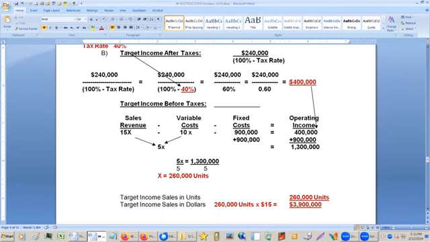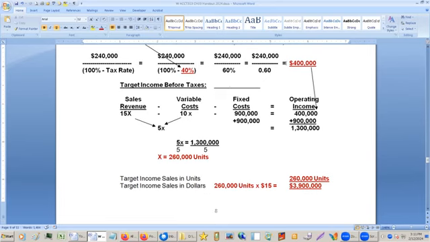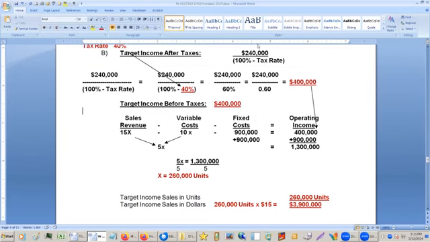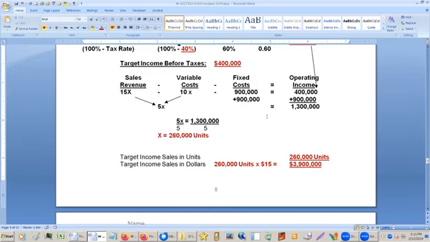So we need to make $400,000 so that when the government takes away 40% of it, we'll be left with 240,000. So our before tax income is going to be the 400,000. And this is what we're going to plug into our equation. We got to make 400,000 so that we can have 240,000 left over.